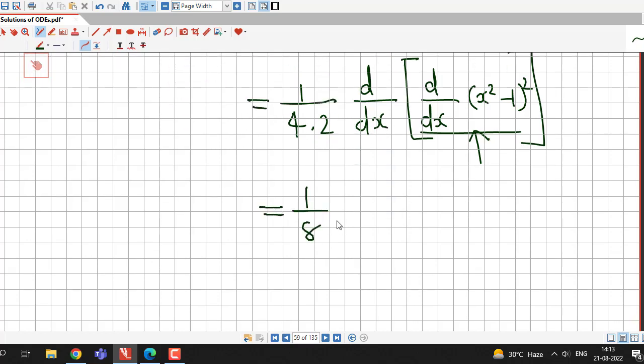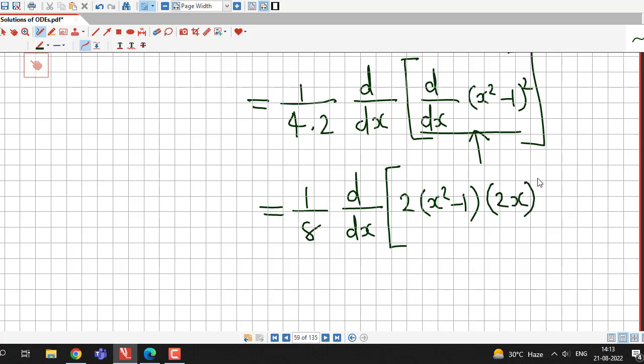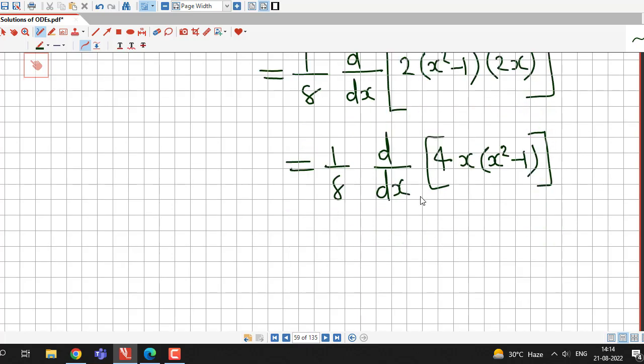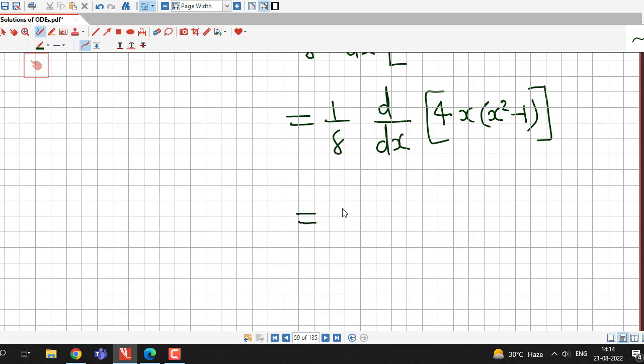This is now 1 by 8 d/dx, and here the derivative of (x² − 1)² is 2 into (x² − 1) into 2x by chain rule, and this we can rewrite as 1 by 8 d/dx of 4x(x² − 1).